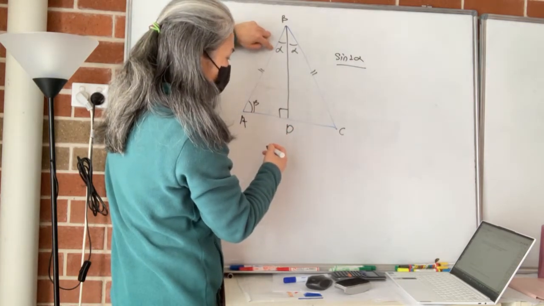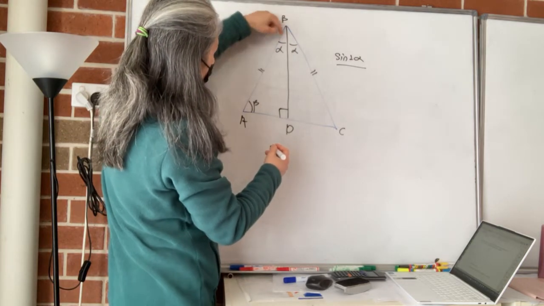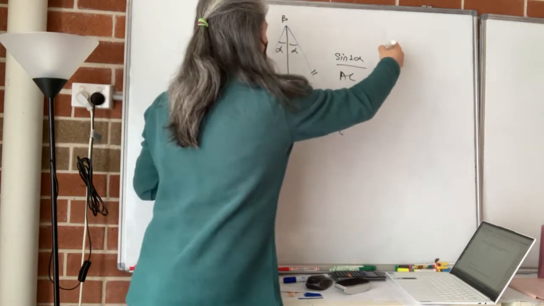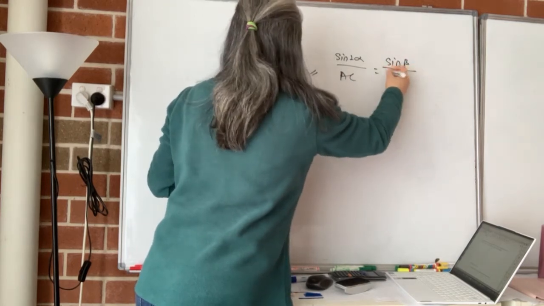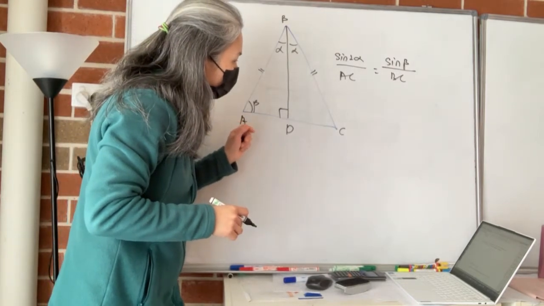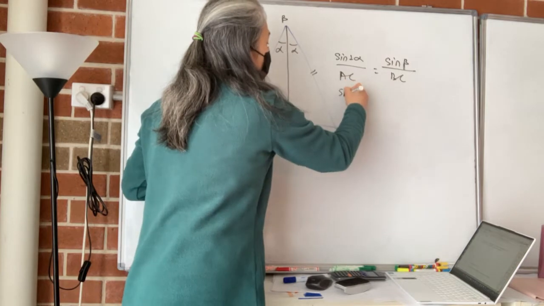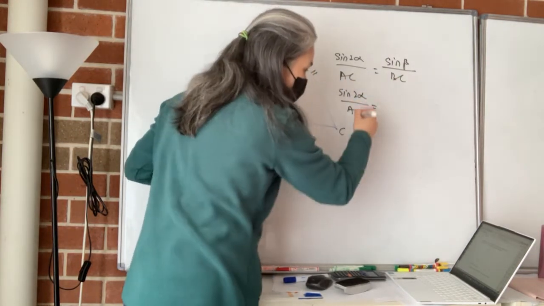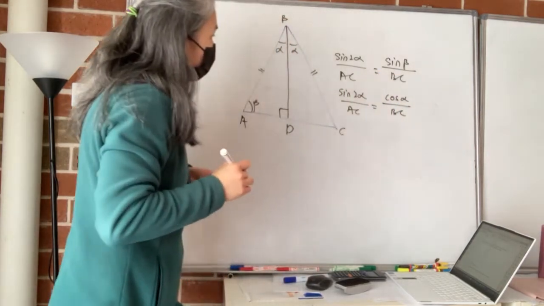Again, sine 2 alpha, which is this angle in here, sine 2 alpha over AC is equal to sine beta over BC. That's what we know. And sine beta from part A is equal to cos alpha over BC.